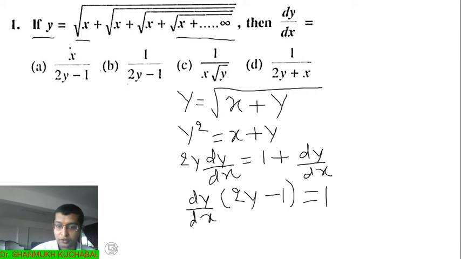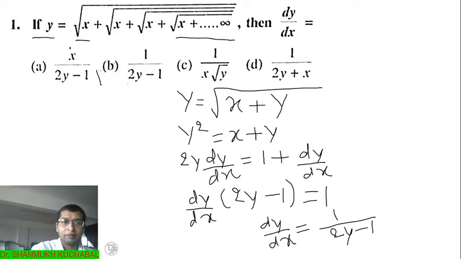Therefore the solution for dy by dx is dy by dx equal to 1 over 2y minus 1, so option B is the right answer.